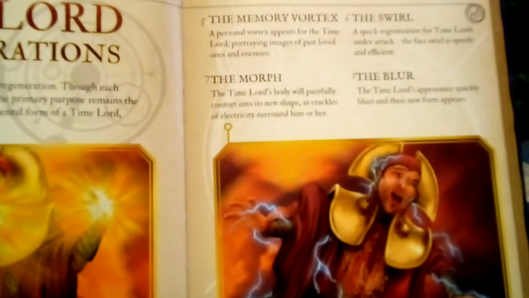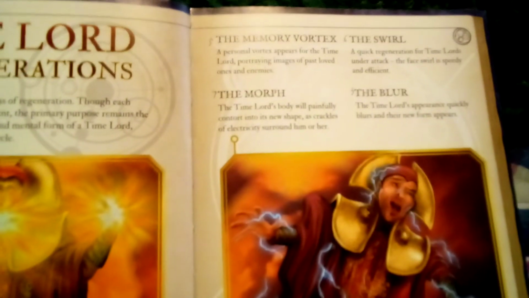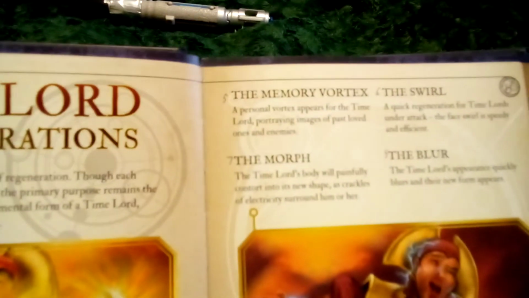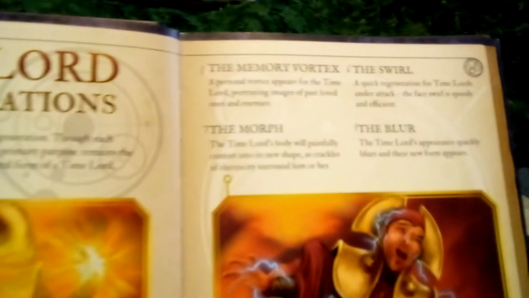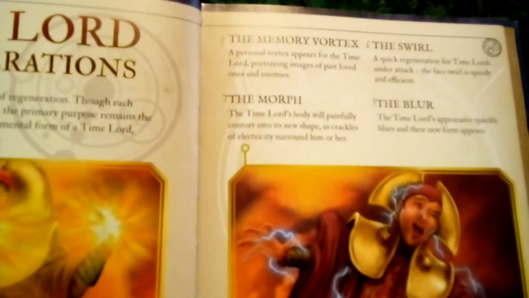And the blur, personally, I don't know if I got these accurately right. The blur is Doctor number 3. The watcher is Doctor number 4. And 5 is the memory vortex. And then there's the swirl, which is Doctor number 6. The morph, which is number 7.